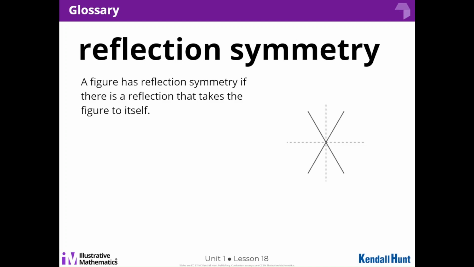You could reflect the left onto the right or the right onto the left, and again, those lines would match up perfectly. Since you can reflect it across a line onto itself, we say that it has reflection symmetry.